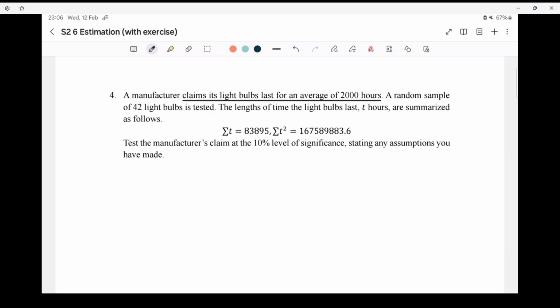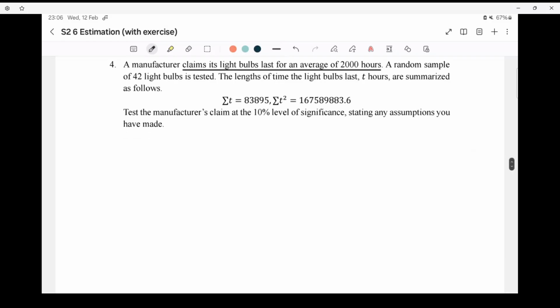So in this case, it's better to do a two-tailed test. If this is a two-tailed test, the left side is 5% and the right side is also 5%. So let's look at your X bar.